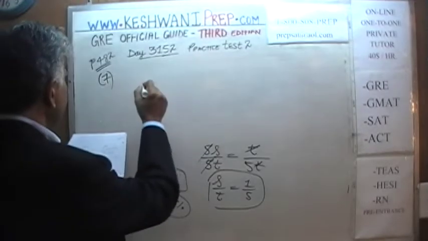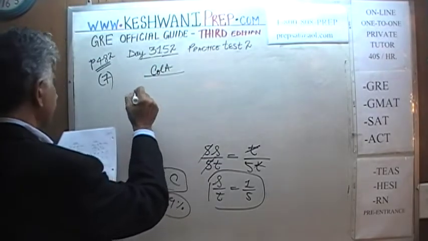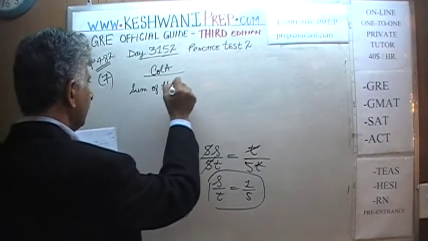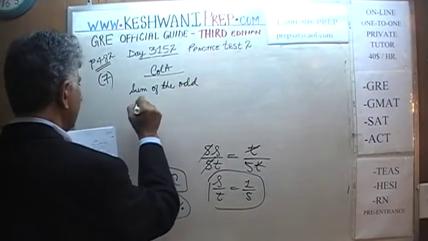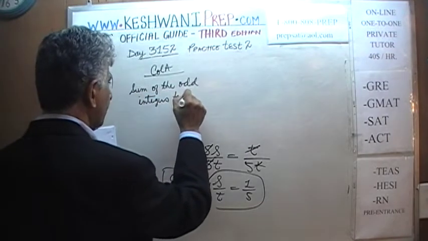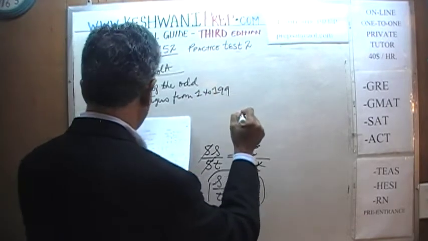Here, column A. In column A, we have the sum of the odd integers from 1 to 199.